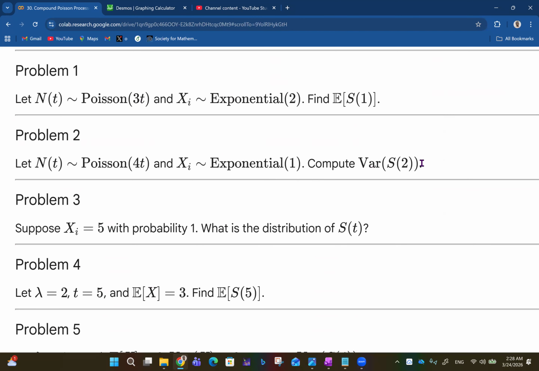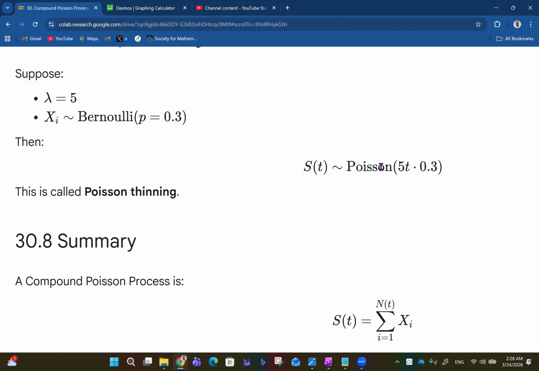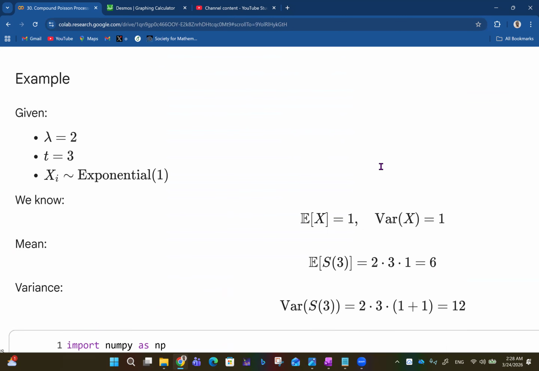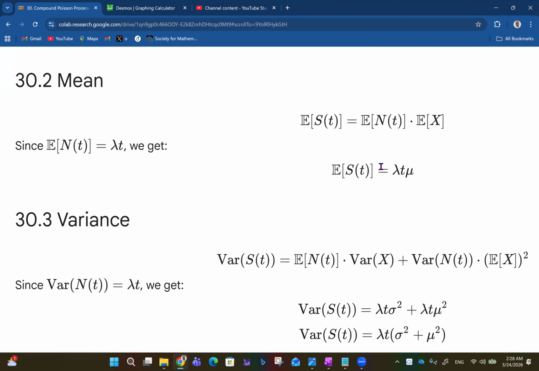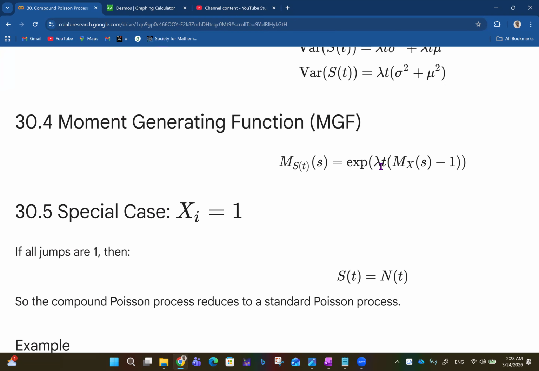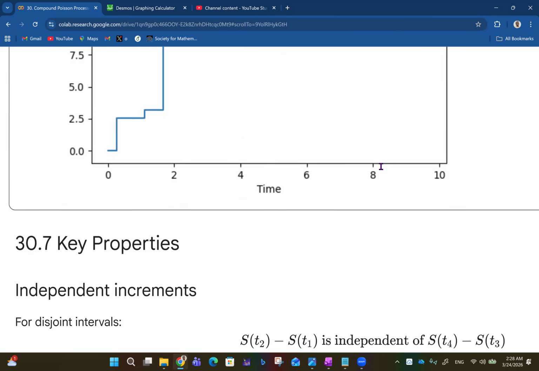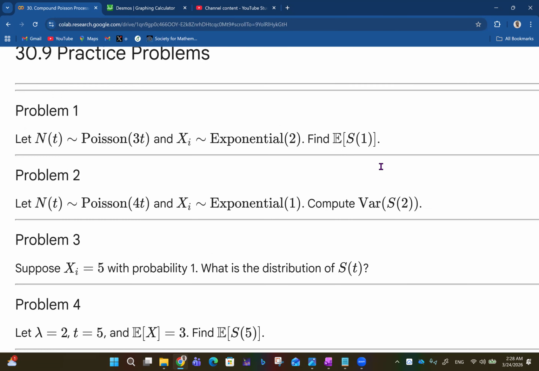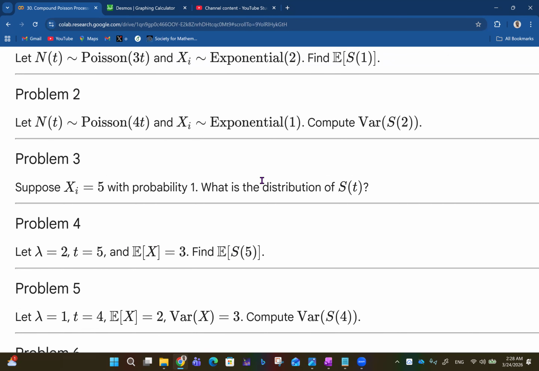So for the variance too, use the formula for variance. I think we have sigma squared plus mu squared. Yeah, lambda t into sigma squared plus mu squared. Okay, S of t. So we can have that also.